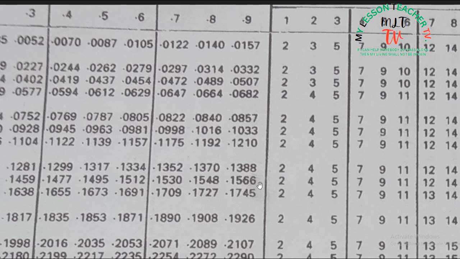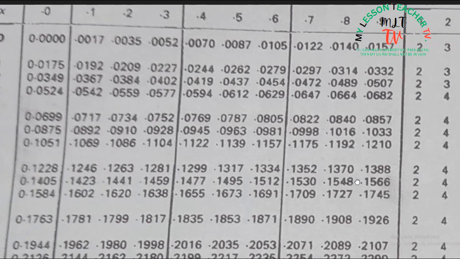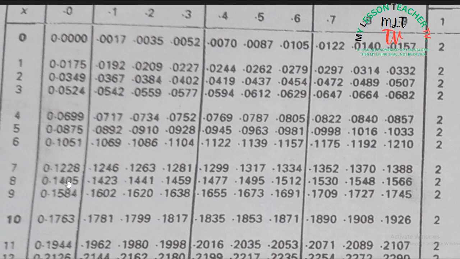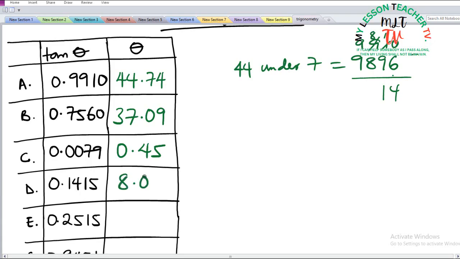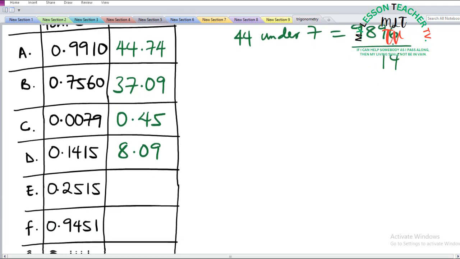So our answer in this case is 8.09. What this means is that tan 8.09 is approximately equal to 0.1415.